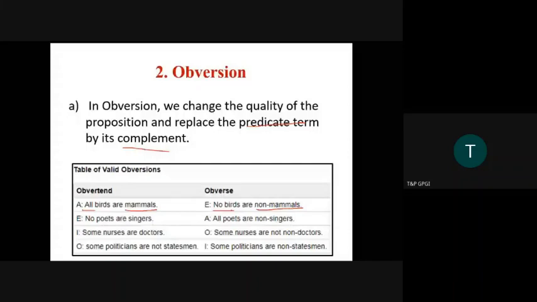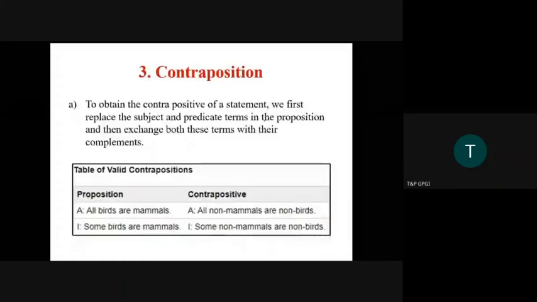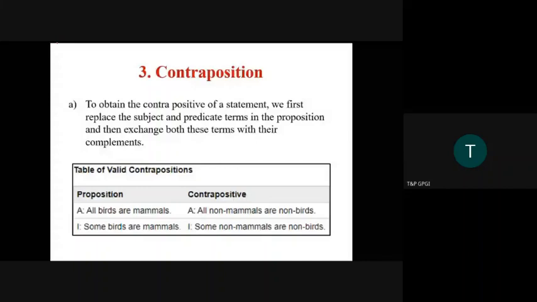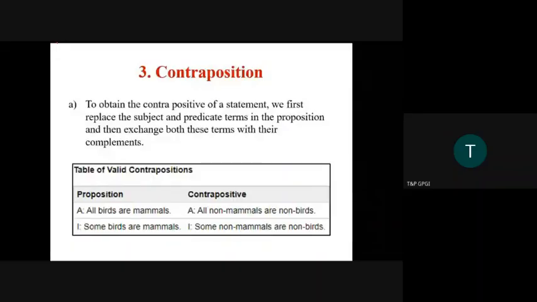Next is contraposition. So contraposition में कैसे करेंगे? To obtain the contrapositive of a statement, we first interchange the subject and predicate terms in the proposition and then replace both these terms with their complements. ये सब changes हम statements में करेंगे.